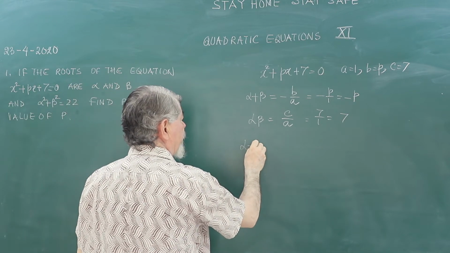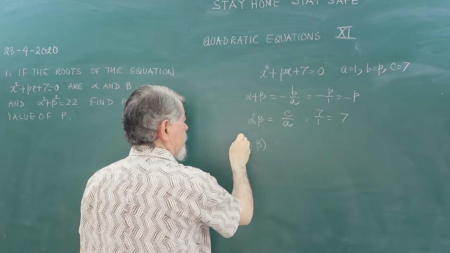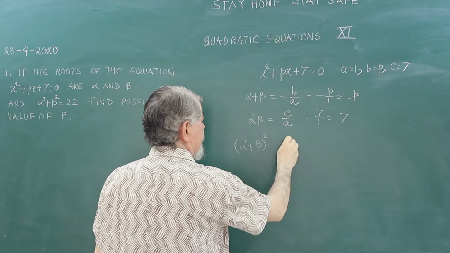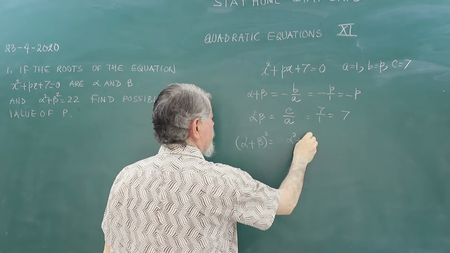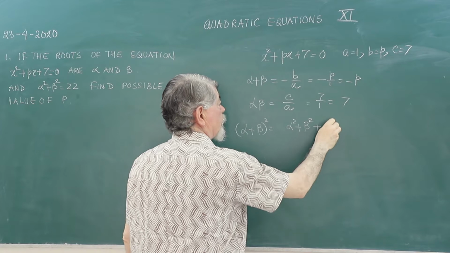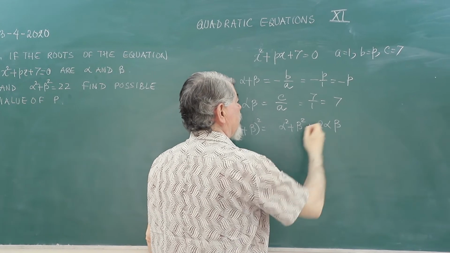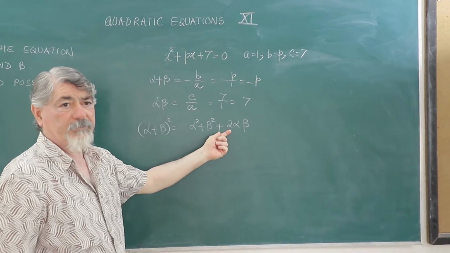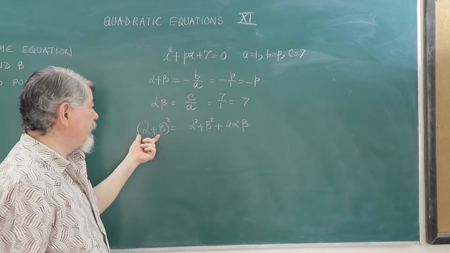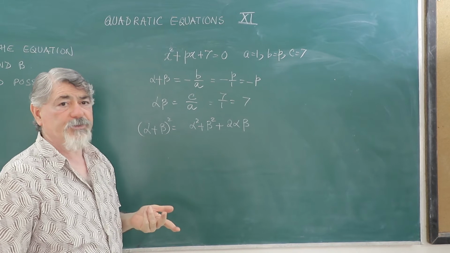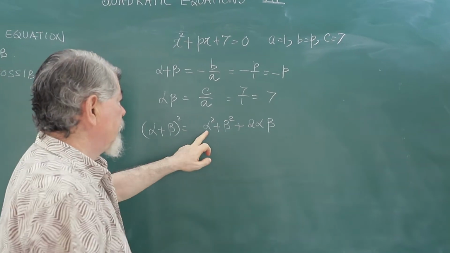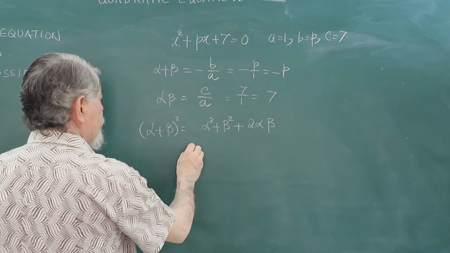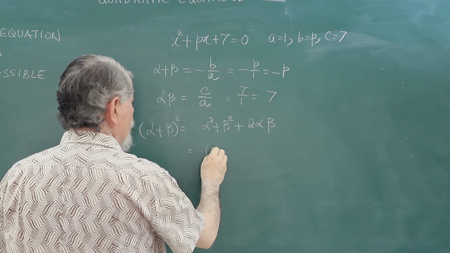We know that alpha plus beta whole square is alpha square plus beta square plus 2 alpha beta. It is simple. A plus b whole square is equal to a square plus b square plus 2ab, where in place of ab I have used alpha beta. The value of alpha square plus beta square is 22.